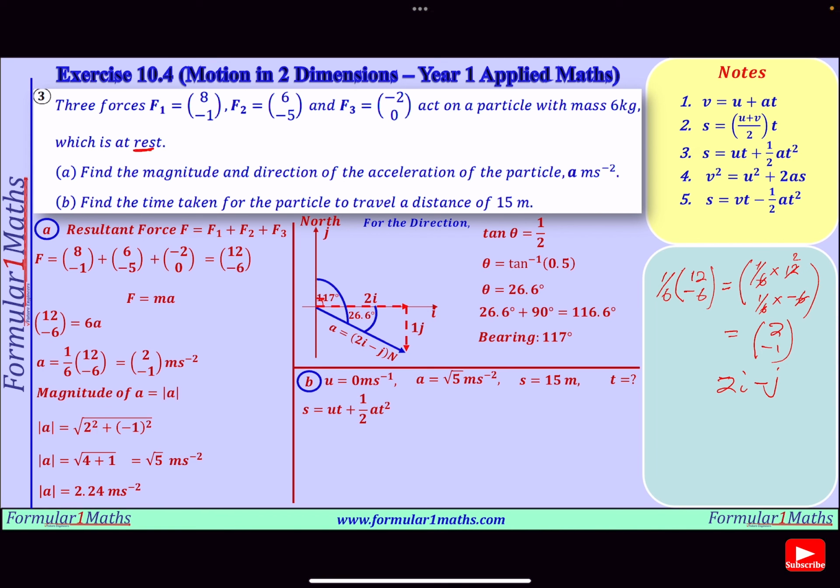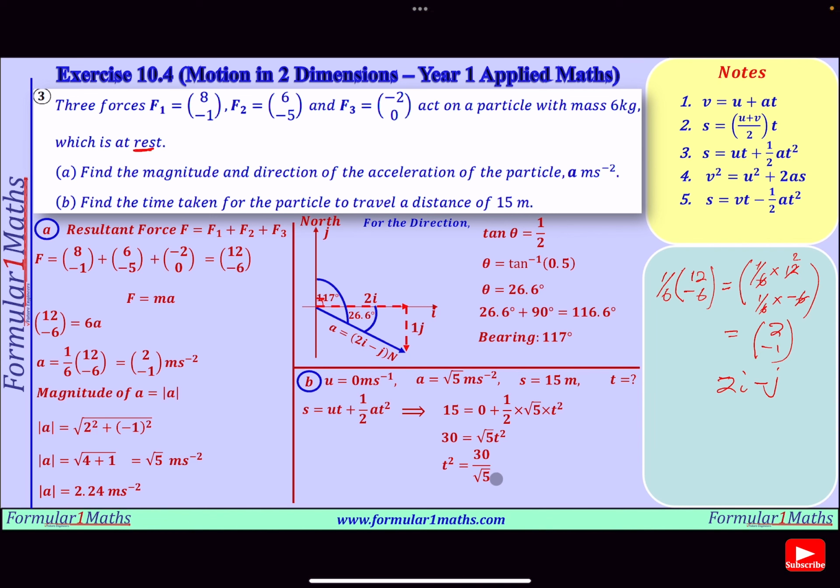So let's do our substitution, and we are going to get 15 is equal to 0 plus half times root 5 times t squared. This will simplify to 30 is equal to root 5 t squared. And so t squared is equal to 30 over root 5.